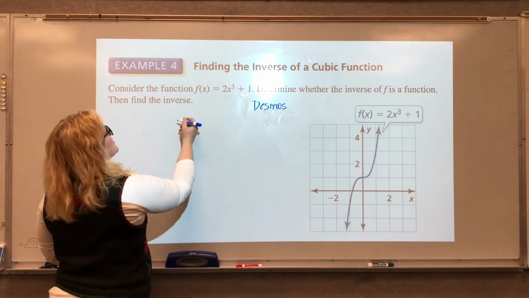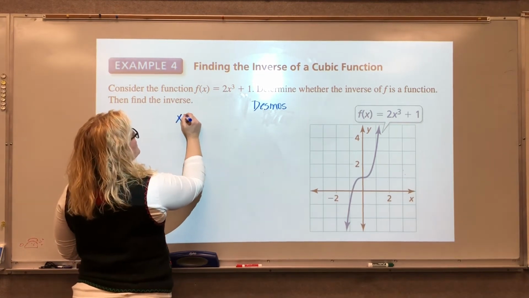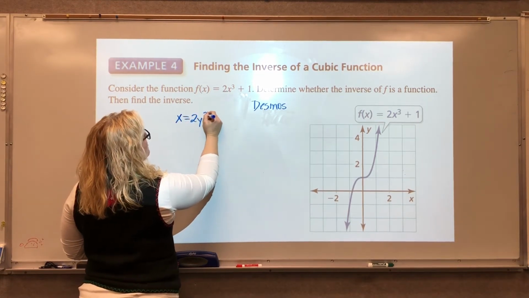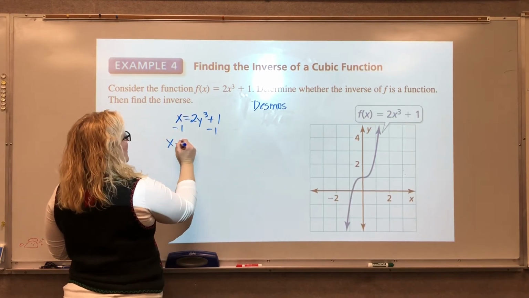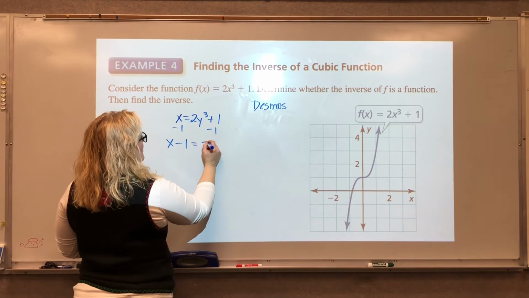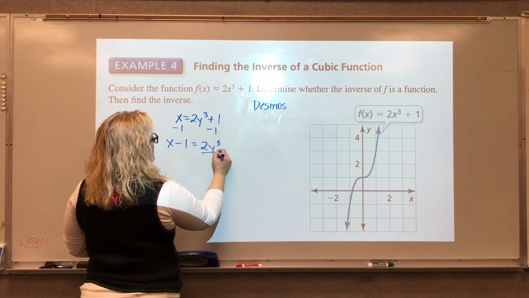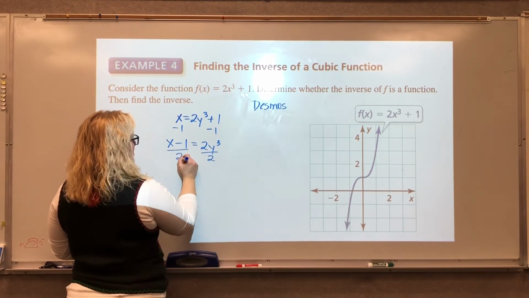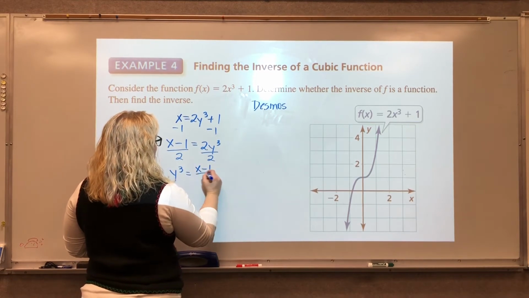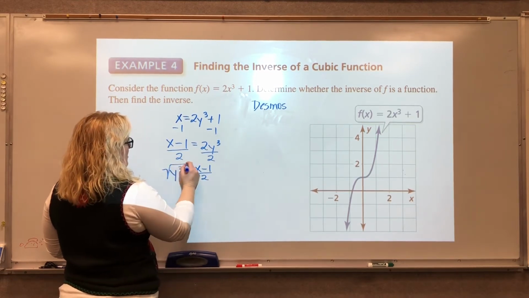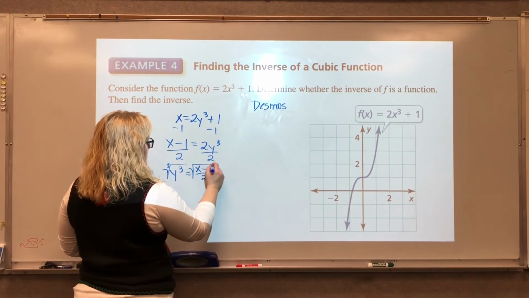Okay, so let's flip-flop these. We've got x equals 2y cubed plus 1. Subtract 1 from both sides. I have x minus 1 equals 2y cubed, divided by 2. So now I have y cubed equals x minus 1 over 2. And now I need to take the cube root of both sides.